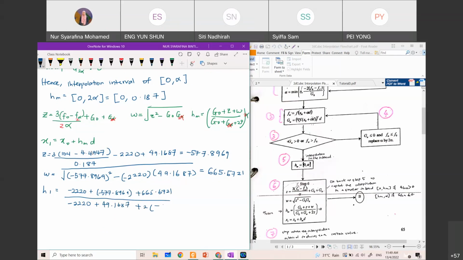Z is minus 577.8969, times 2 alpha, which gives you 0.1201. So this is your H1.